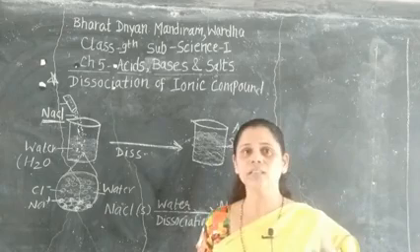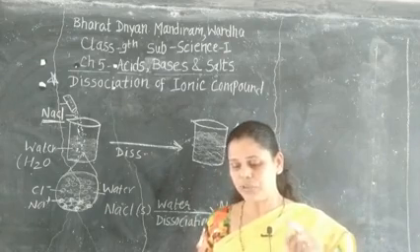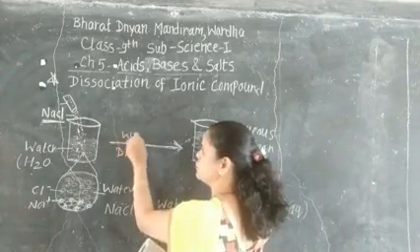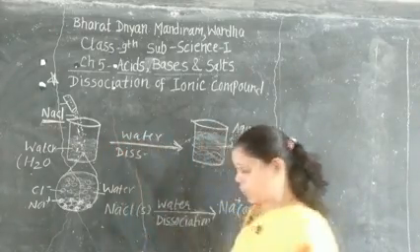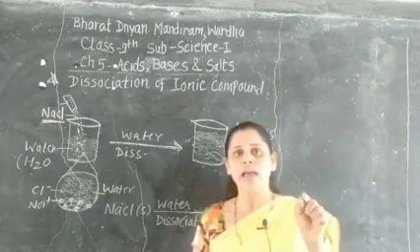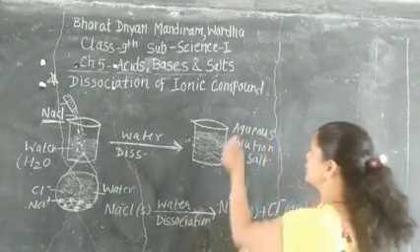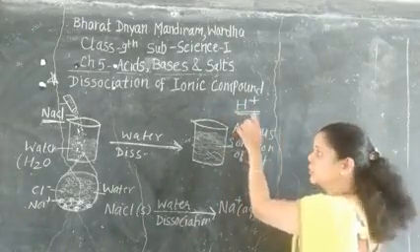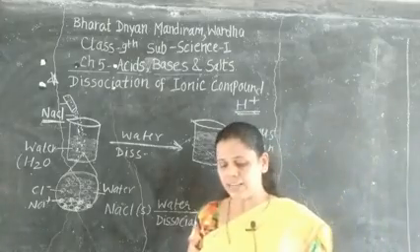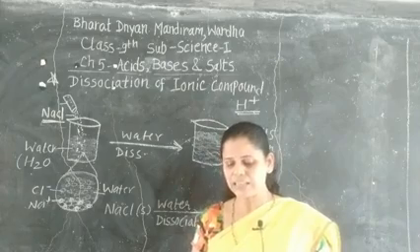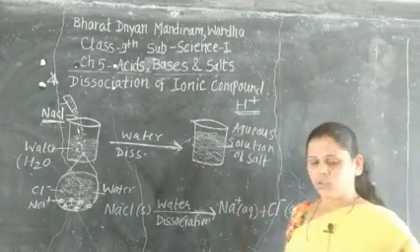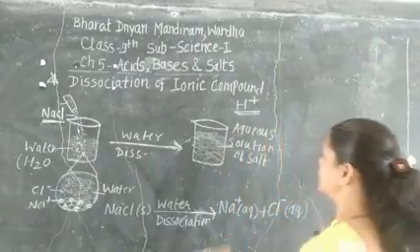An acid is a substance which on dissolving in water gives rise to H+ ion as the only cation. Let's see examples of acids.